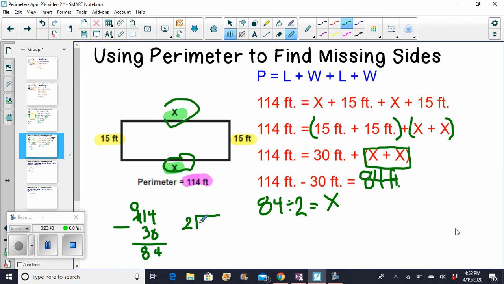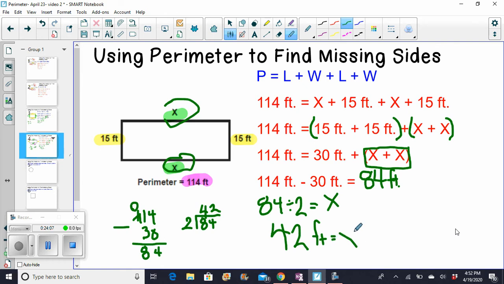If I split 84 into 2 equal groups, I am going to get x equals 42. 42 what? 42 feet. Okay, x equals 42 feet.